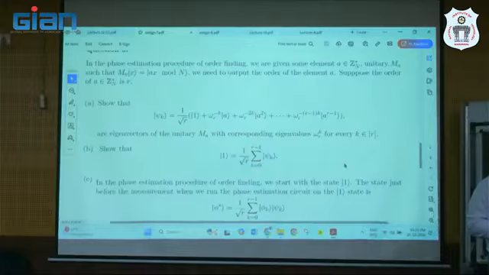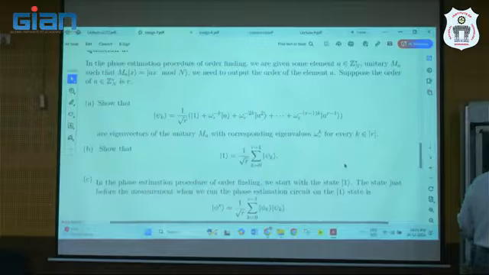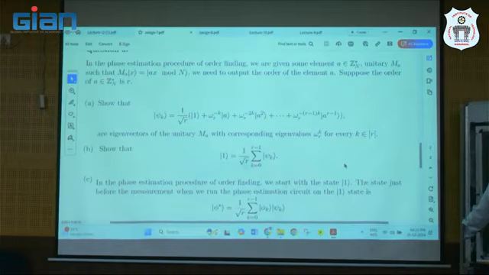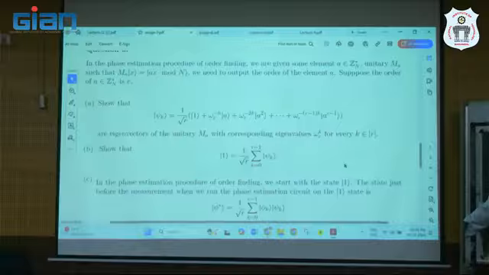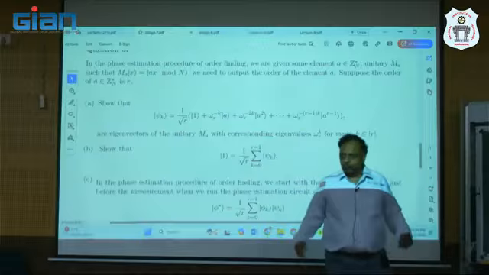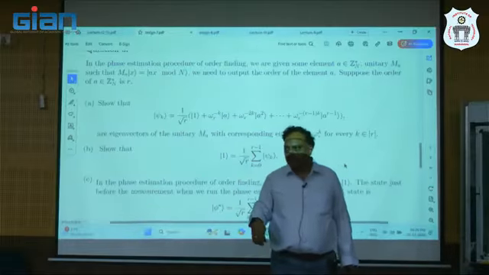Let me write this a little bit. 1 over r, exchange the summation, okay? J equal to 0 to r minus 1, k equal to 0 to r minus 1, the phase term in jk, a to the power j. Agreed? We just collected the sum inside.